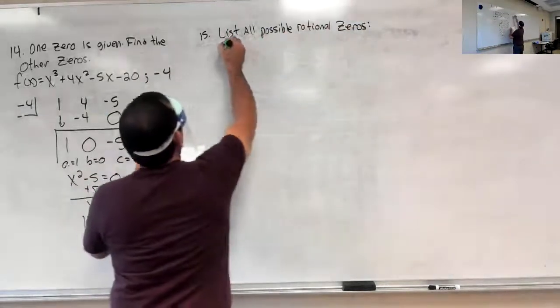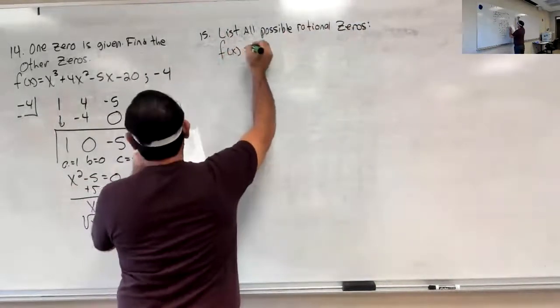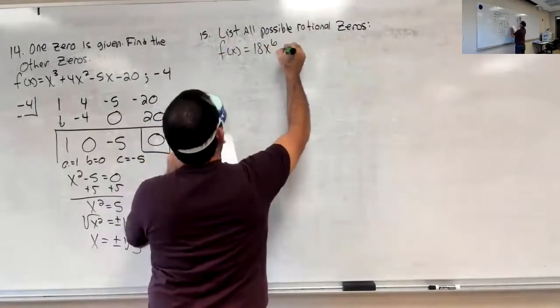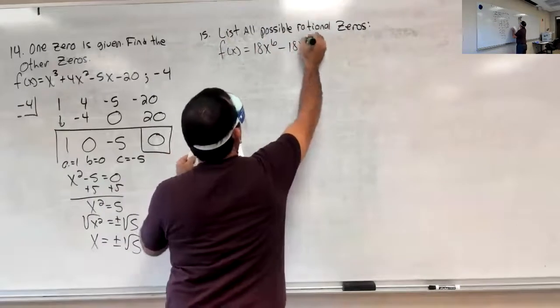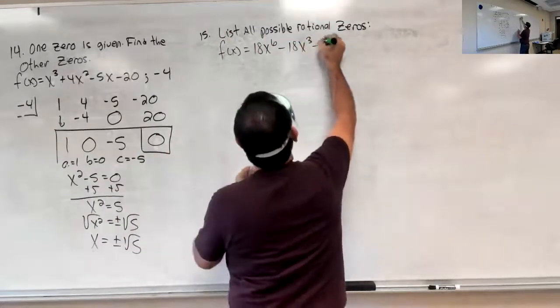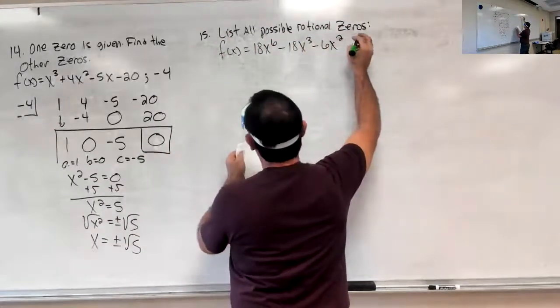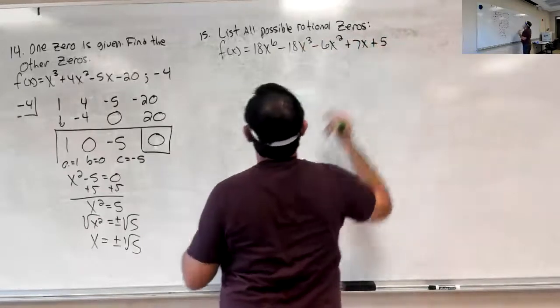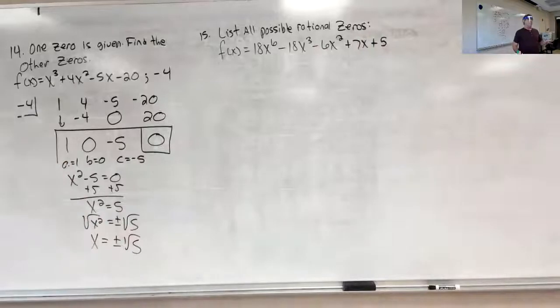So they're giving me f of x equals 18x to the 6th minus 18x cubed minus 6x squared plus 7x plus 5. And really, we don't even care what's in the middle. We just worry about that 18 in the front and that 5 at the end.